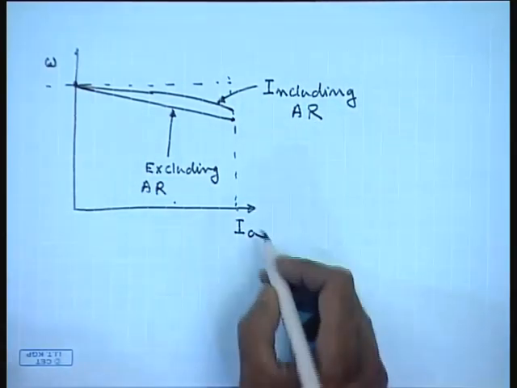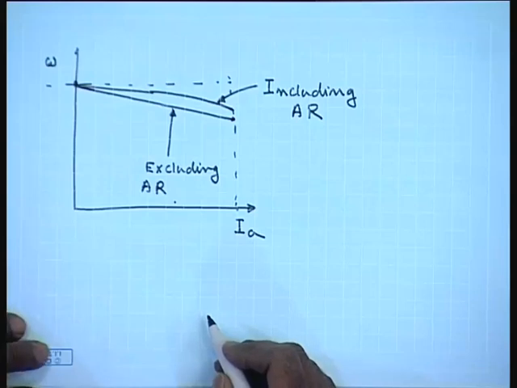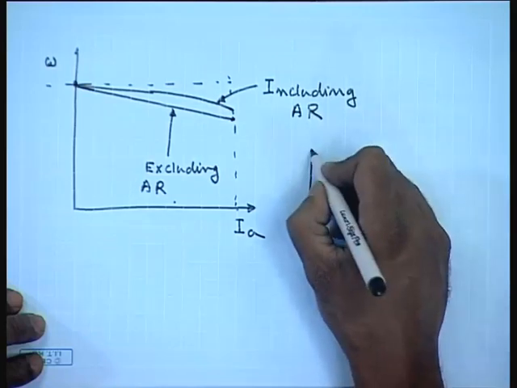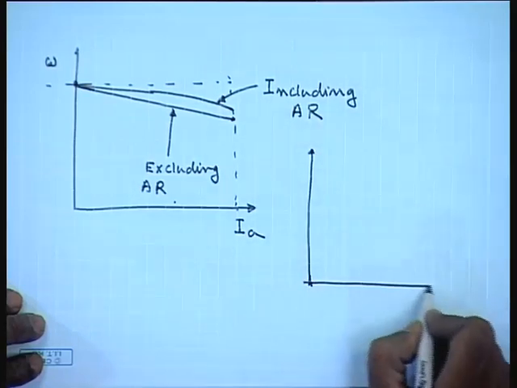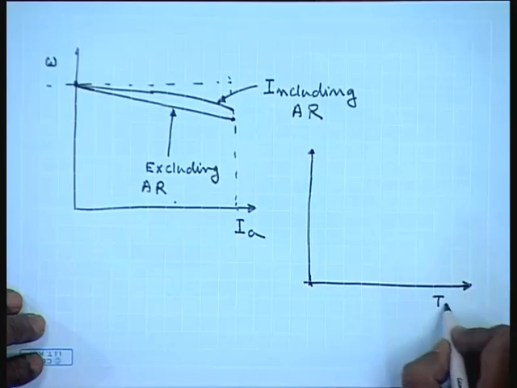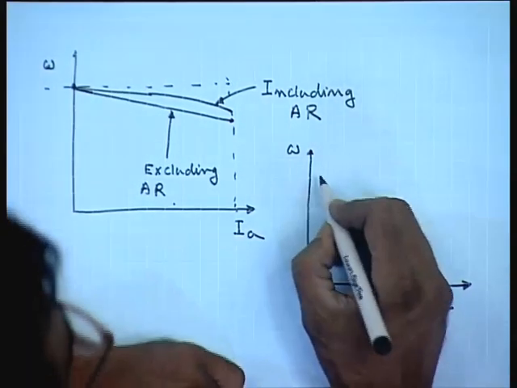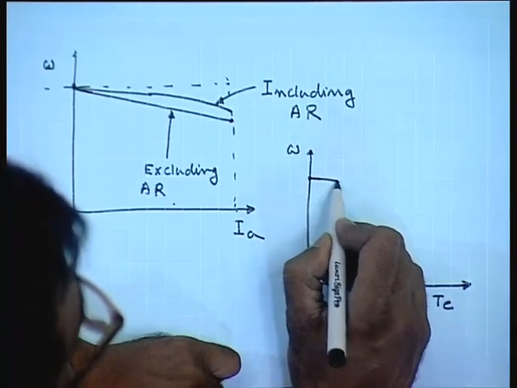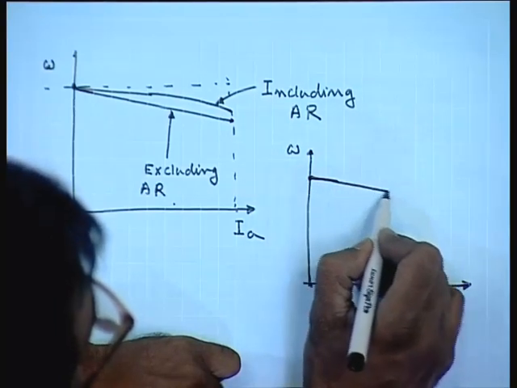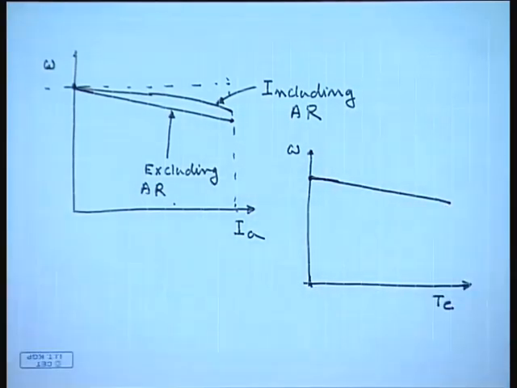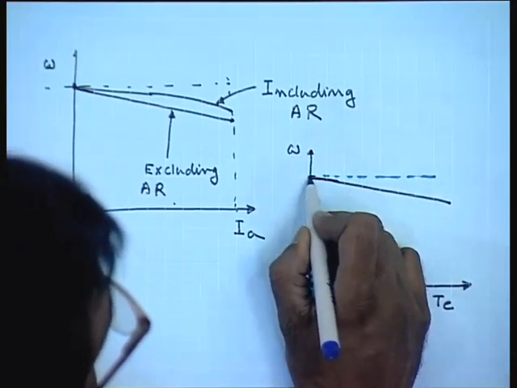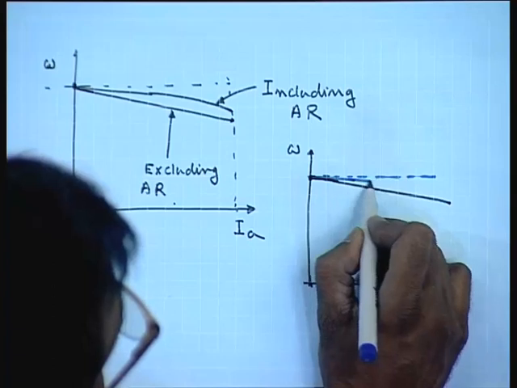Since torque is proportional to armature current, the torque speed characteristics will also look similar. This is the no load torque 0. Ideally, if there was no armature reaction, it would have dropped linearly, but when one takes into account the effect of armature reaction, the actual torque speed characteristics lies somewhat above this.